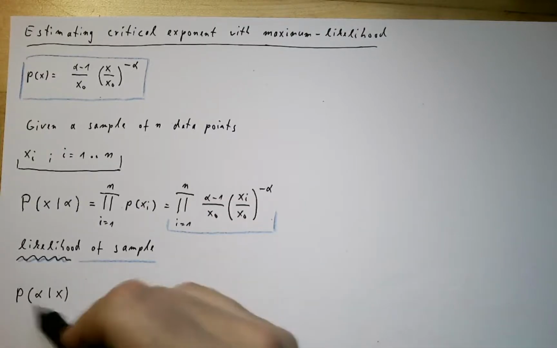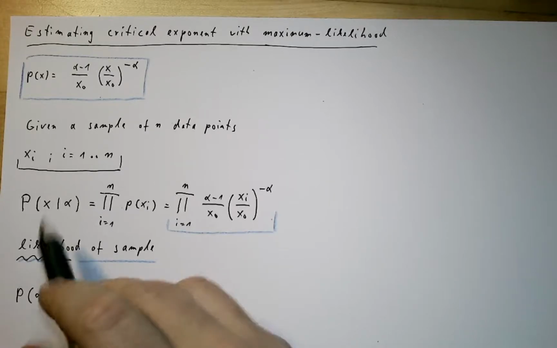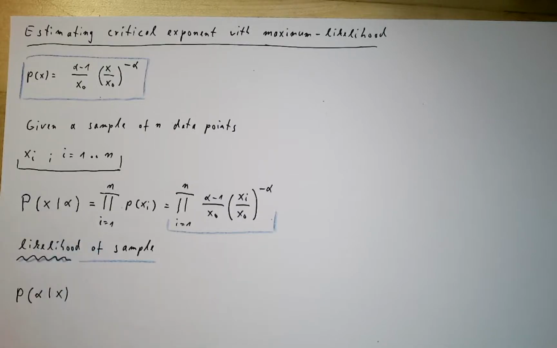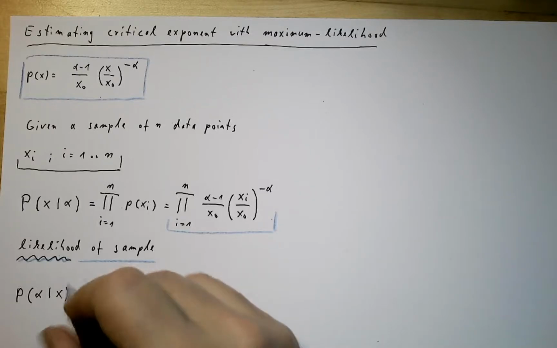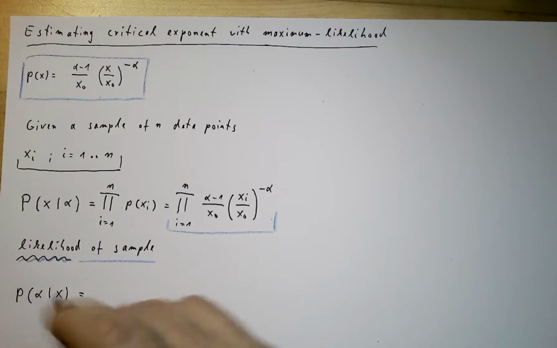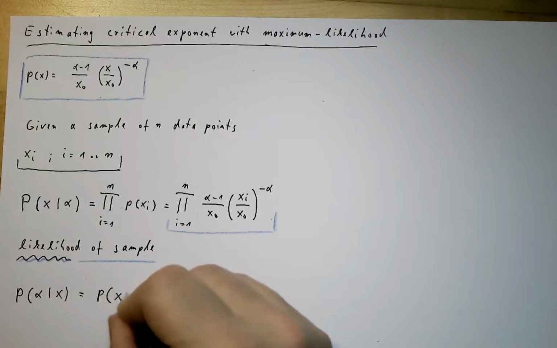Right? So we are interested in this conditional probability, but what we can calculate very simply is this: given alpha, what's the probability for the sample? And now we can use the Bayes rule, so we can convert this conditional probability into this reversed conditional probability.